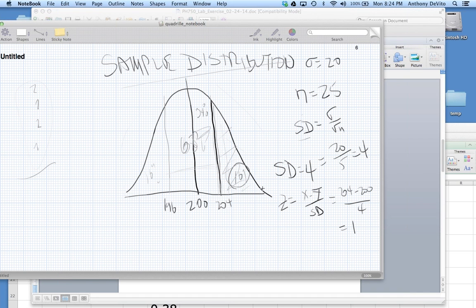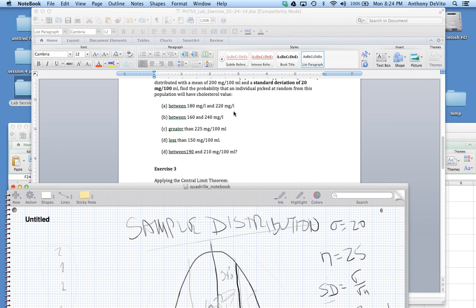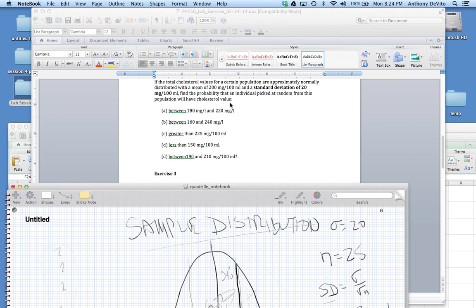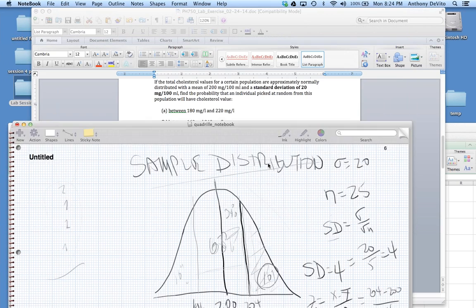I got 200 because of my repeated samples from that population. Remember, this is the same population we were dealing with in part 1, where the mean of the population was 200. So if we take repeated samples over and over again, hundreds or thousands of samples of the same size, and we made a new distribution, we would expect it to have the same mean as the original population did.